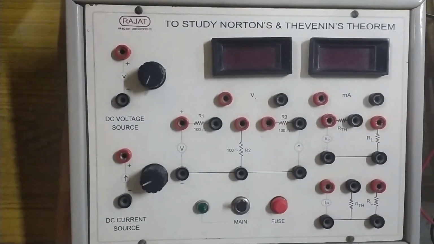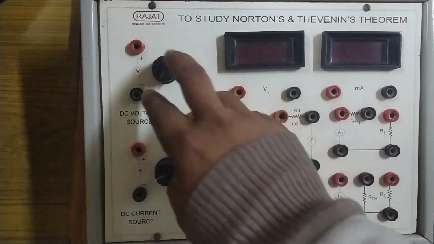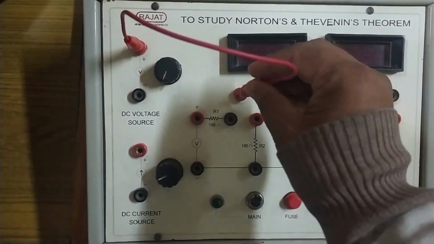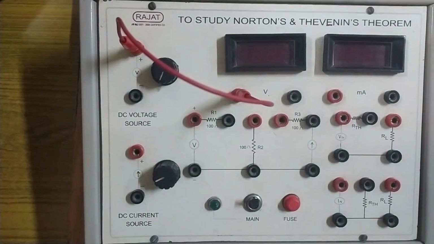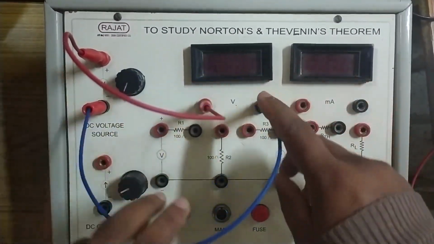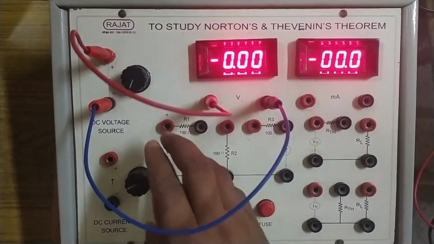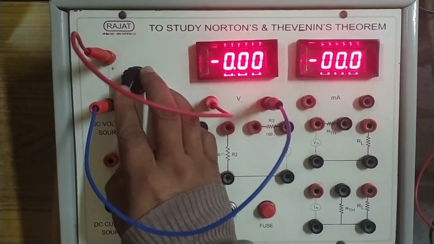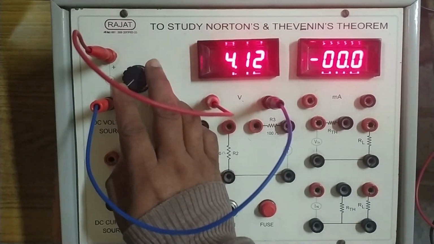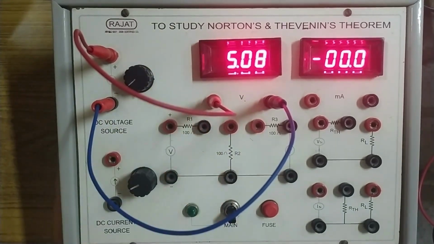So basically we will be verifying Thevenin's theorem by measuring the current that will be flowing through this load resistance. For making the circuit, first we have to set the source equal to 5 volts. For this we will connect this source to the voltmeter, right? Then we will turn on the kit. Slowly we will rotate this knob such that the voltmeter shows a reading equal to 5 volts, right?